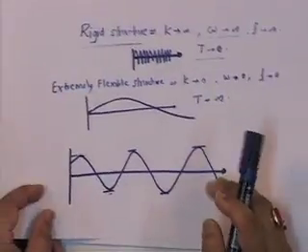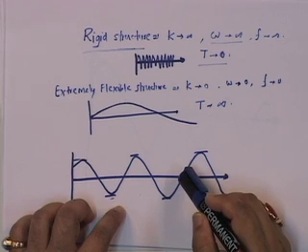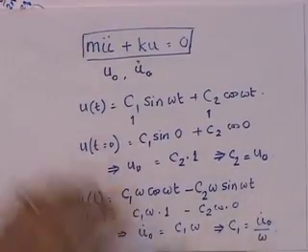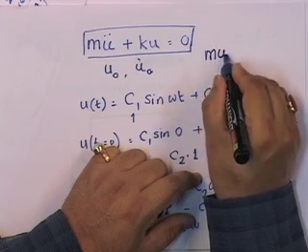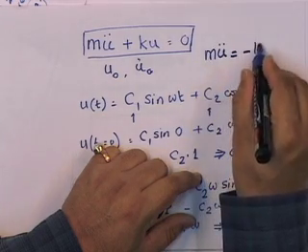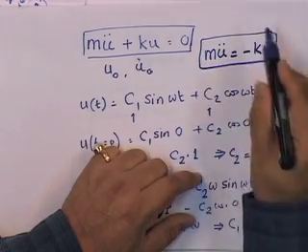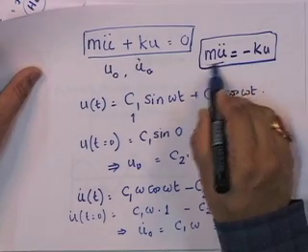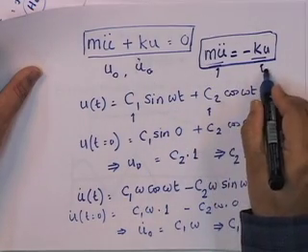In a real world situation, what is happening? If we look at this, this is actually what is known as a classical situation, in which this equation can be written as m u double dot is equal to minus k u. So, what we have is equilibrium between the inertial force and the elastic force.